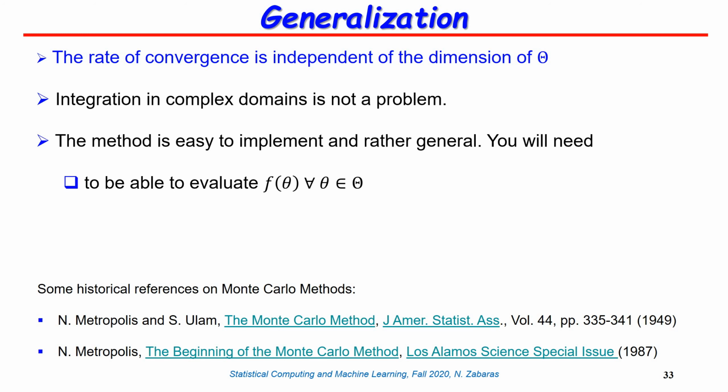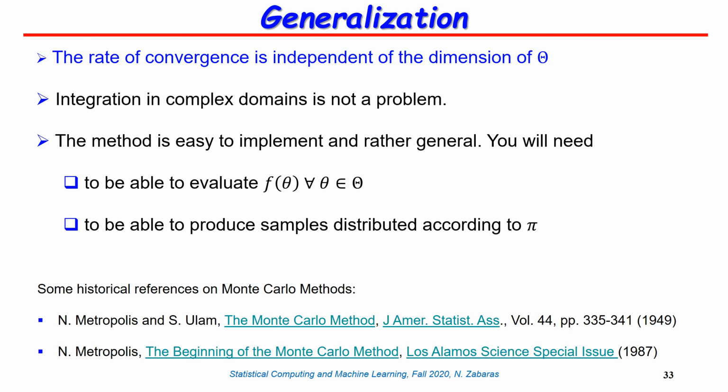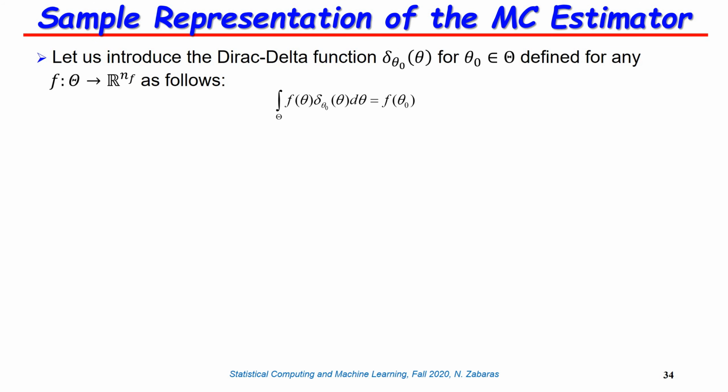So let me give you some pictures now. Let's say you take samples from a distribution pi of theta, and I would like you to start thinking whether these samples can be used indirectly to approximate the distribution pi, and the answer is yes, they can.